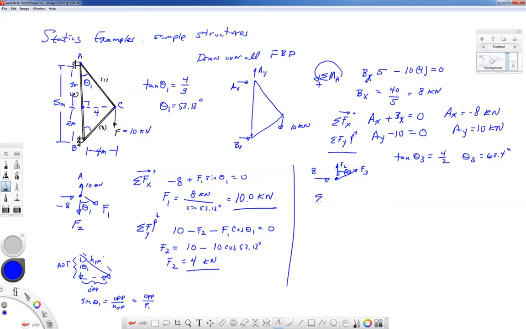If I do the summation of forces in the x direction on this picture, I'll have plus 8, and then I'm going to have plus F3 sine theta 3 equal to 0. All right, so I'm going to take 8, move it to the other side, and divide it by the sine of 63.4 degrees.